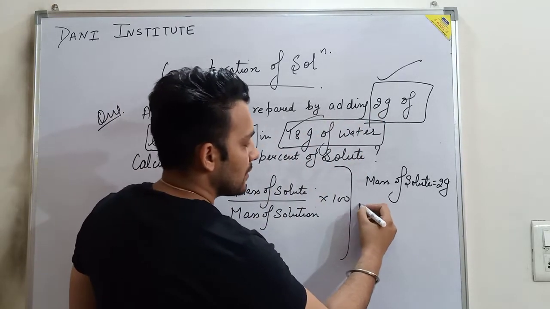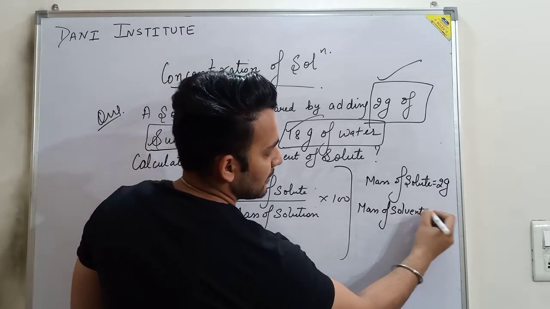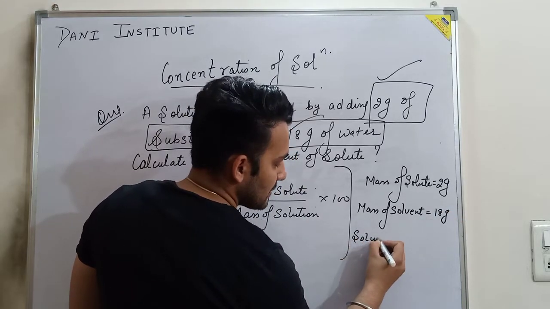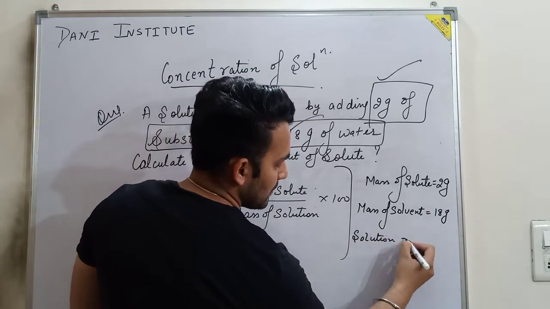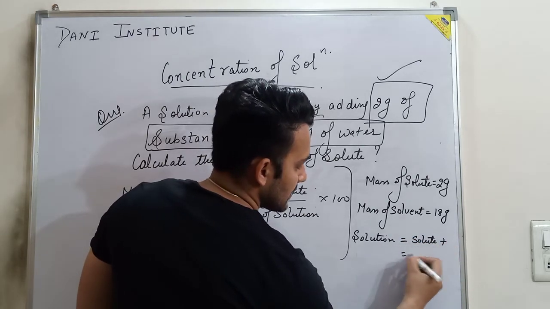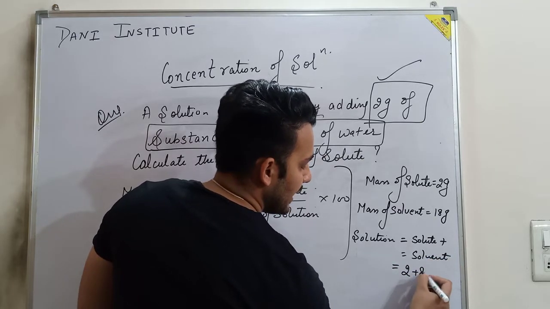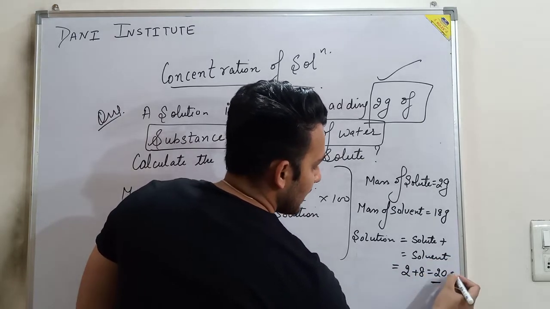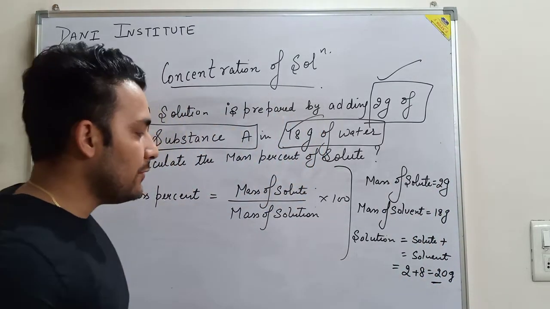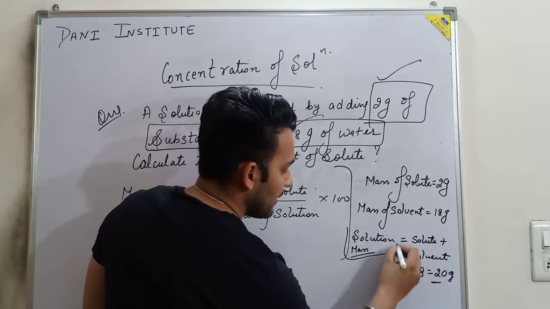That means mass of solvent is 18 gram. Solution mass will be equal to solute plus solvent, that is 2 plus 18, which is equal to 20 gram. From there we have found the mass of solution.